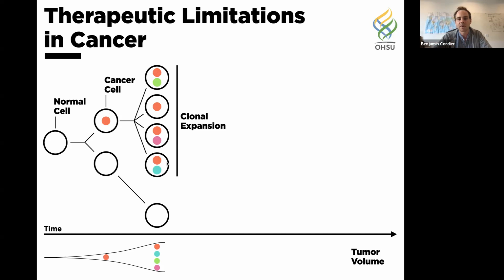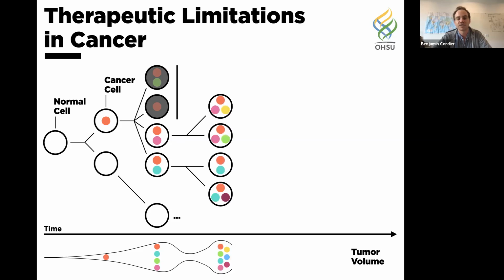At this point, we might detect the cancer and target it with a first treatment, but that treatment may not be fully successful. And so let's say these two cancer cells or clonal populations survive, they'll go on to continue their clonal expansion, maybe pick up some additional mutations. So this person might relapse, and we would give them a second treatment. And again, it might not be fully successful.